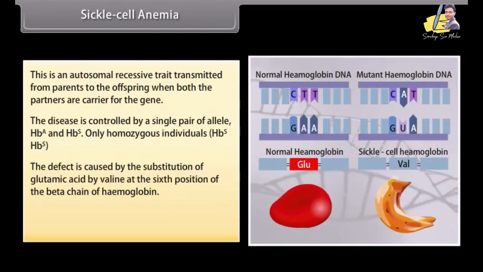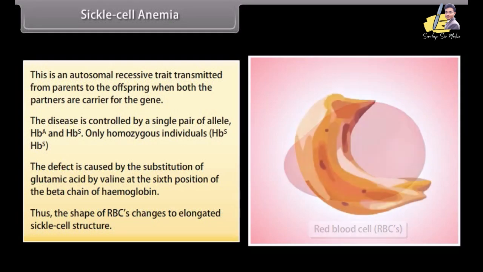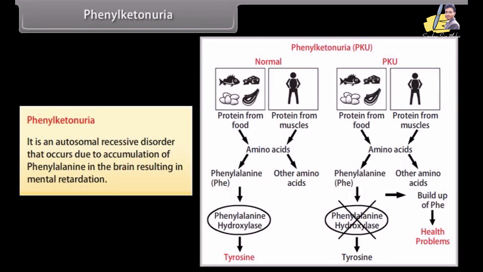The defect is caused by the substitution of glutamic acid by valine at the 6th position of the beta chain of hemoglobin. Thus, the shape of RBCs changes to an elongated sickle cell structure. Phenylketonuria: it is an autosomal recessive disorder that occurs due to accumulation of phenylalanine in the brain, resulting in mental retardation.